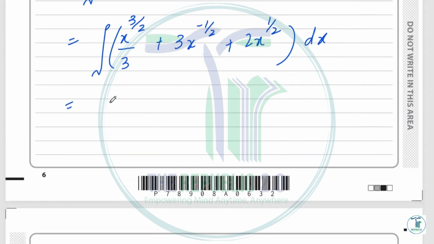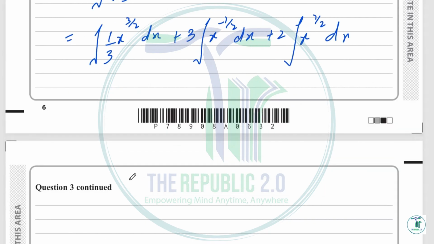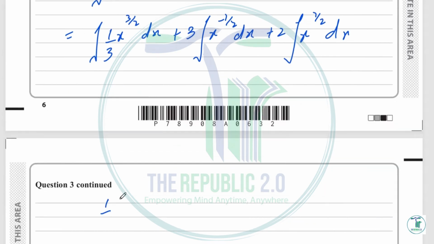So I must have 1 by 3 x to the power of 3 by 2 dx, plus 3 x to the power of negative 1 by 2 dx, plus 2 x to the power of 1 by 2 dx.